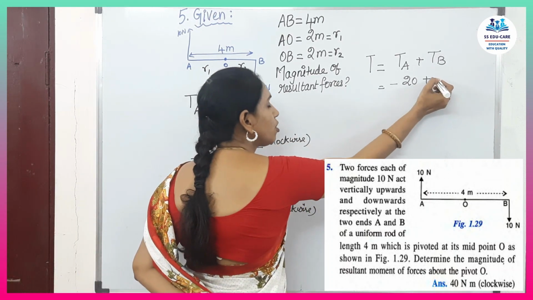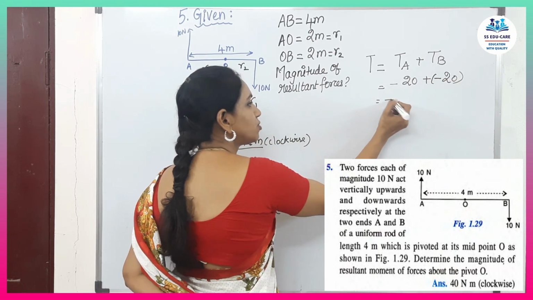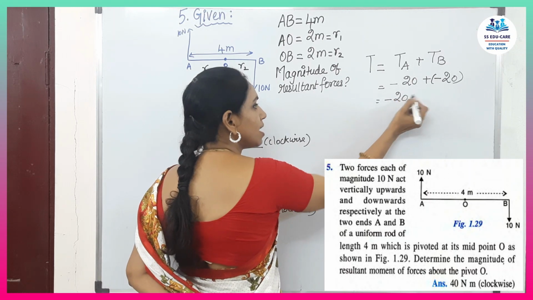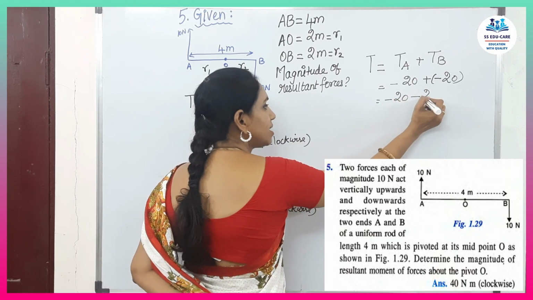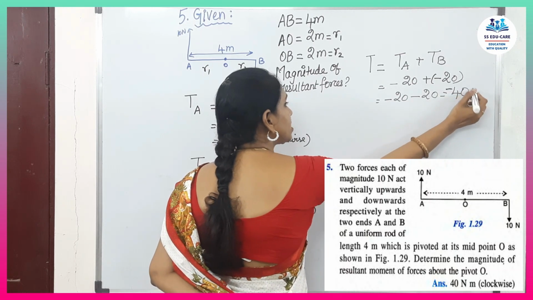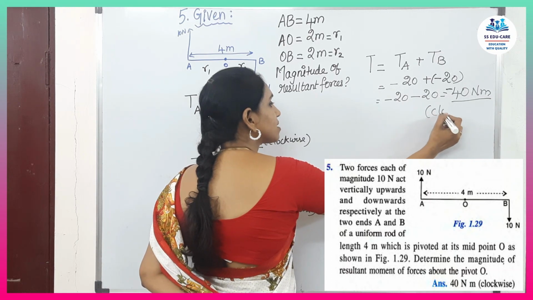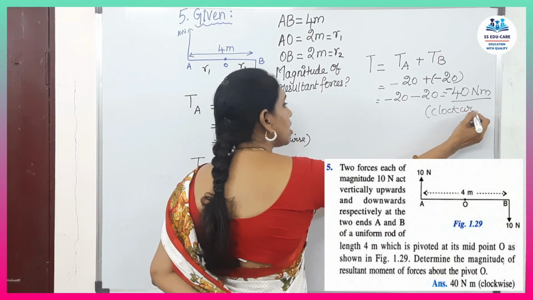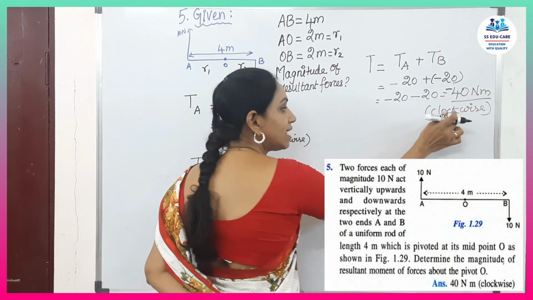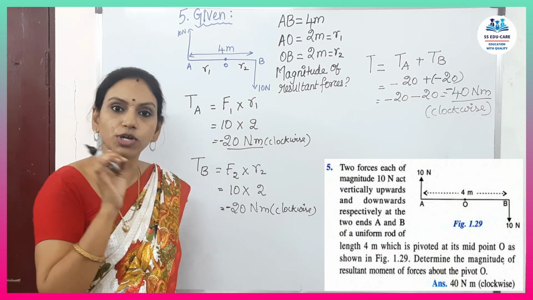So this will be minus 20 plus minus 20, which is minus 40 Newton meter. Since it is minus, it is clockwise. Don't forget to write the direction also, clockwise or anti-clockwise, which carries half mark for your answer.